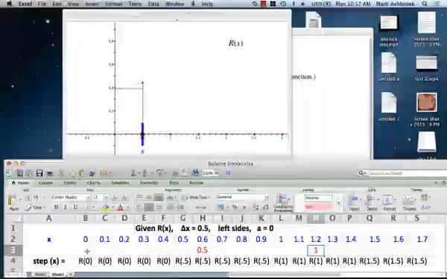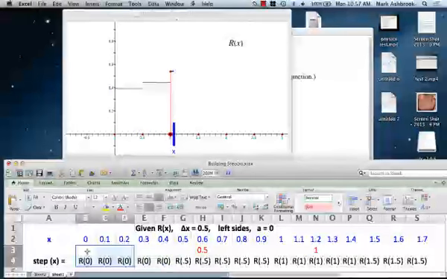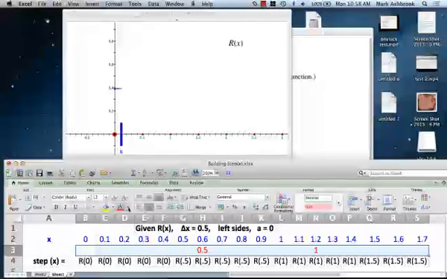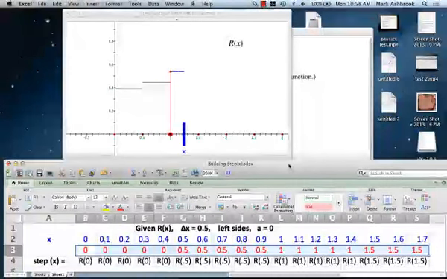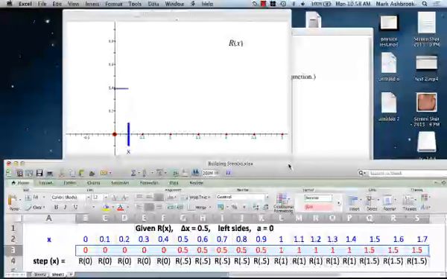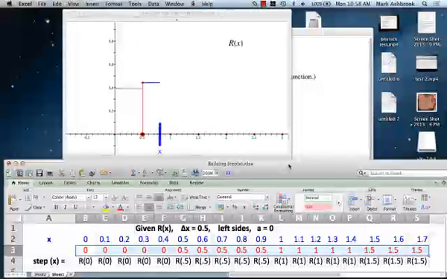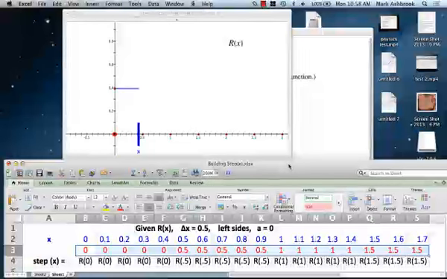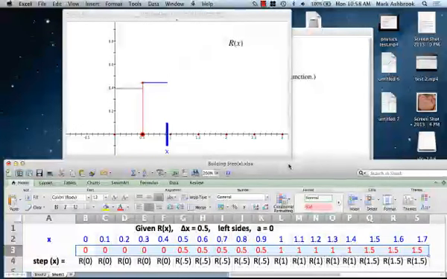So these are the left endpoints of the interval for the current x. So we've got the current value of x, and from that we get the x value at the left end, and then we take the rate at that x value, and that's the rate corresponding to the current value of x in the step function.